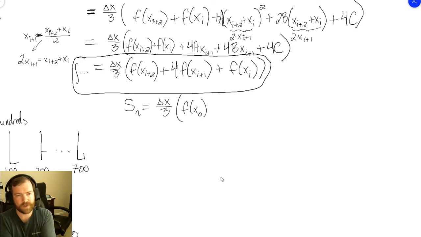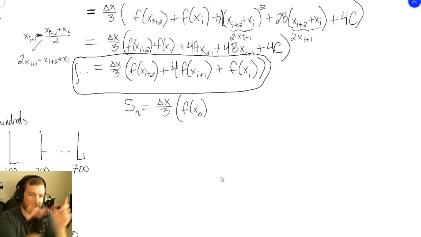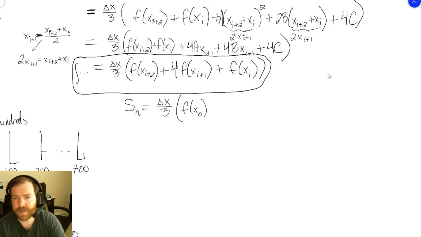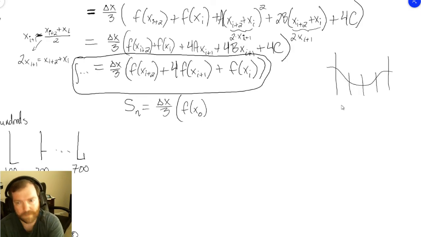So if we do the first 2, this is what we get. If we do the next 2, what we had was 1 of the first one, 4 of the middle one, and 1 of the second one.